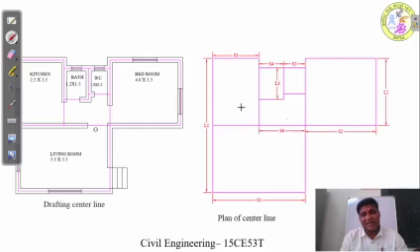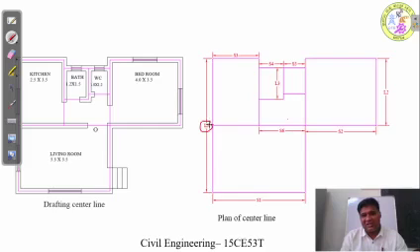So next, I am going to nominate each and every wall. All the walls along the y direction I am going to nominate as L, that is long wall, and all the walls along the x direction I am nominating as S, that is short walls. See, there is one big wall throughout, and I am going to call it L1.